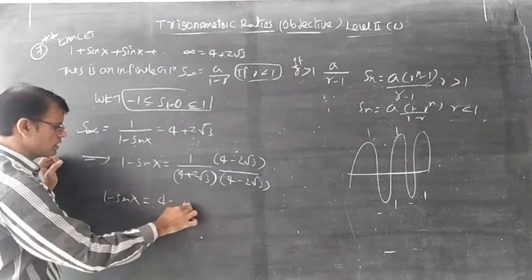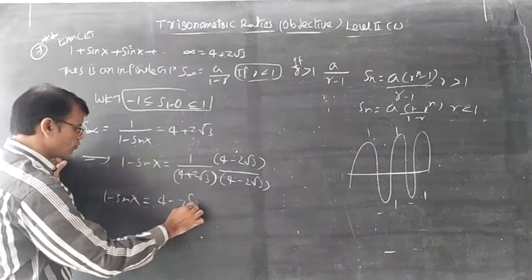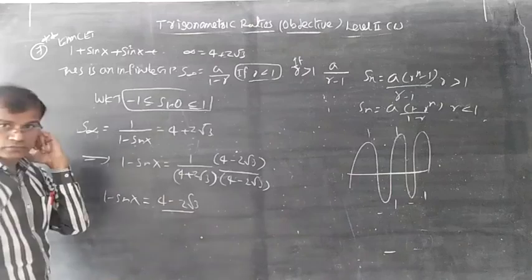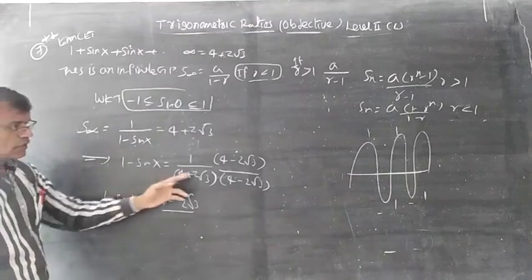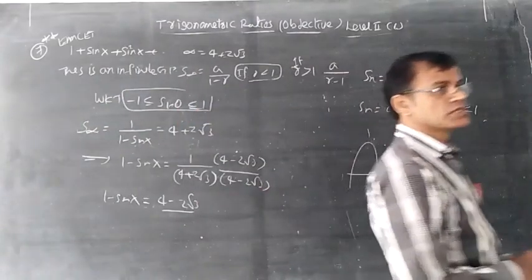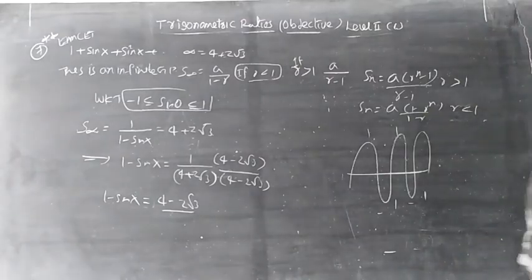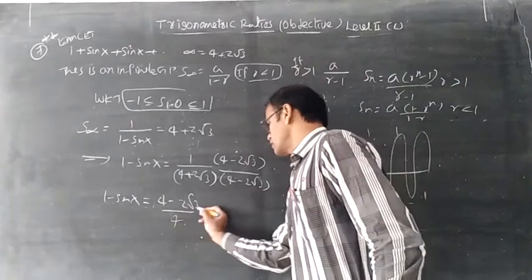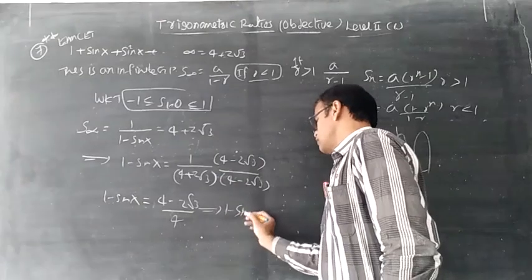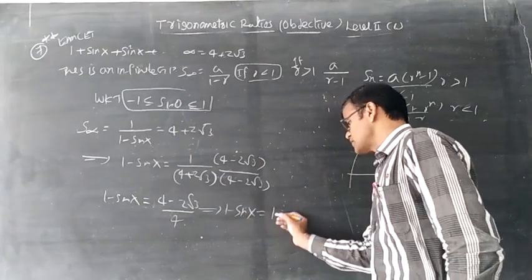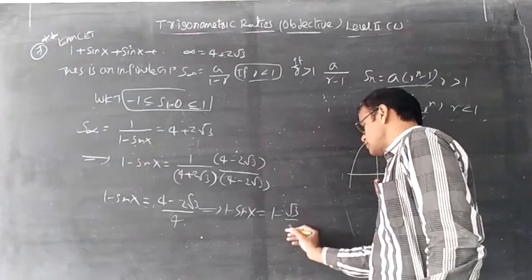It becomes 1 minus sin x is equal to 4 minus 2 root 3 by how much? a plus b into a minus b is a square minus b square, 16 minus 12, which becomes 4. That implies 1 minus sin x is equal to 1 minus root 3 by 2.